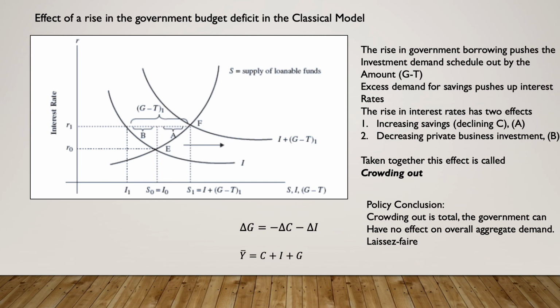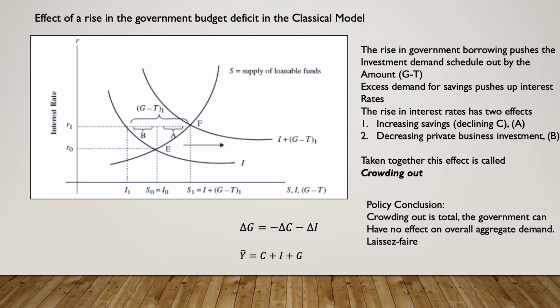That excess demand for savings is going to start driving up interest rates, and interest rates will have to rise until demand for savings is equal to supply for savings, which will occur at point F. We now have a new equilibrium in the loanable funds market at point F, at interest rate R1, and at S1 equals I plus G minus T1. So that's our new equilibrium.